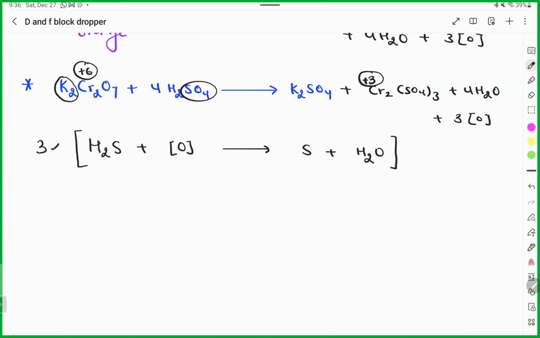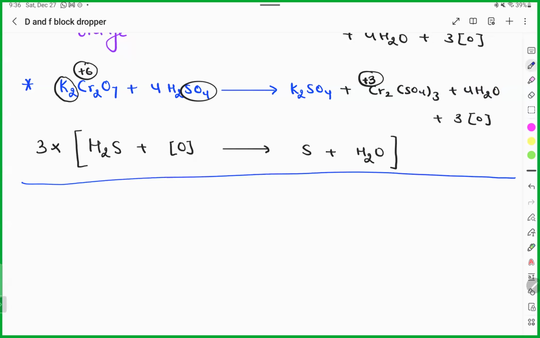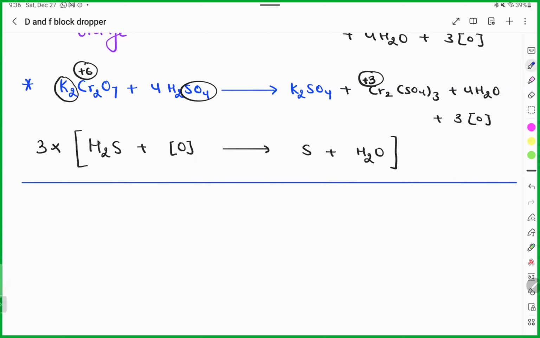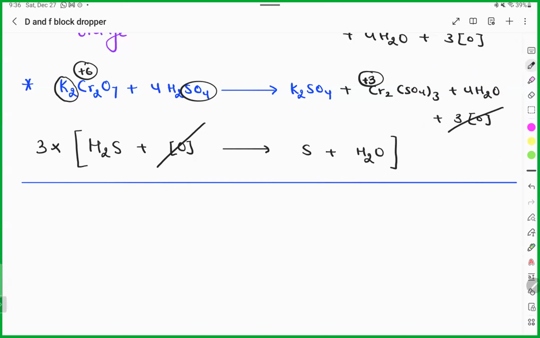Why? Because nascent oxygen never takes part in the final form. Nascent oxygen is not present in the reactant, not present in the product. That's why you need an equal amount of nascent oxygen. So that's why you multiply with the 3, and what will be the product? This will cancel out with this.